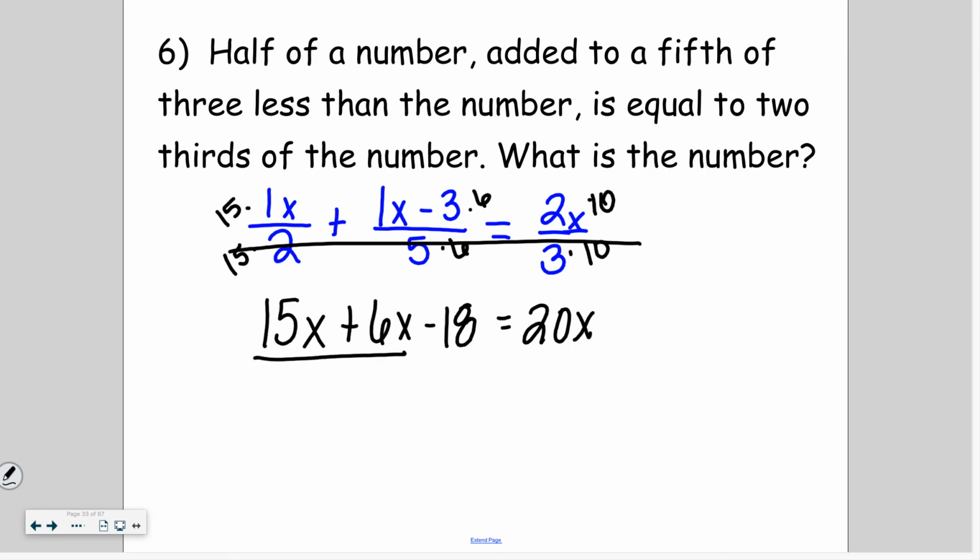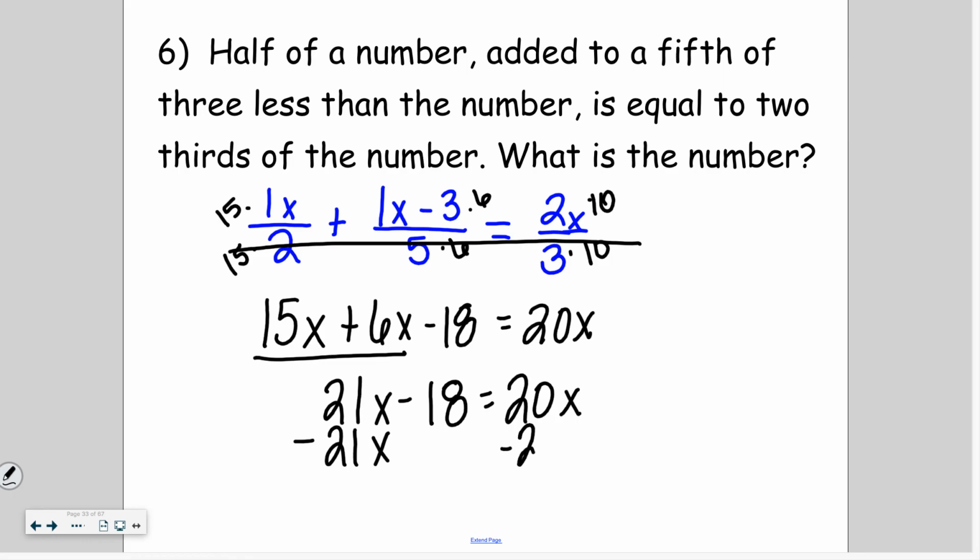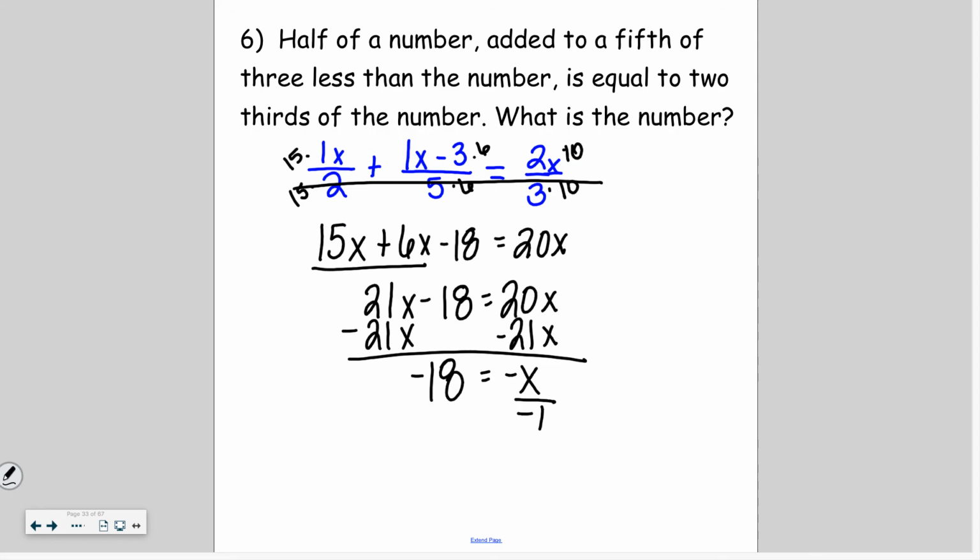Combine like terms. 21x minus 18. Get my x's together, so subtract 21x. Negative 18 is equal to negative x. We don't want the negative there, so we're going to have to divide by negative 1. And all that does is change our sign. So x is equal to 18.